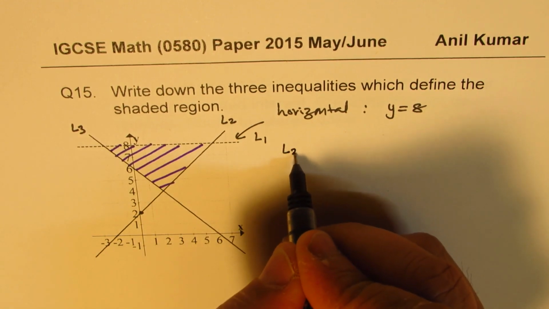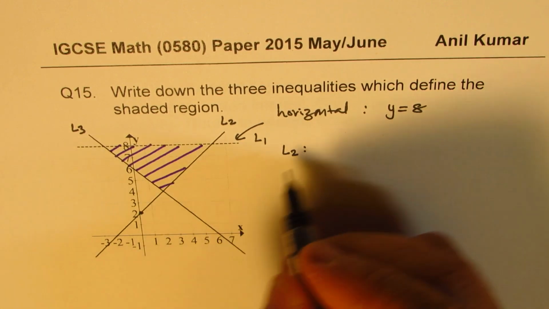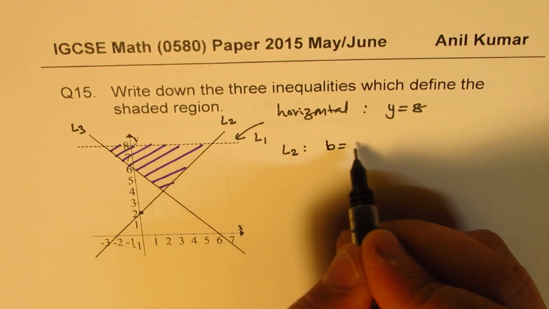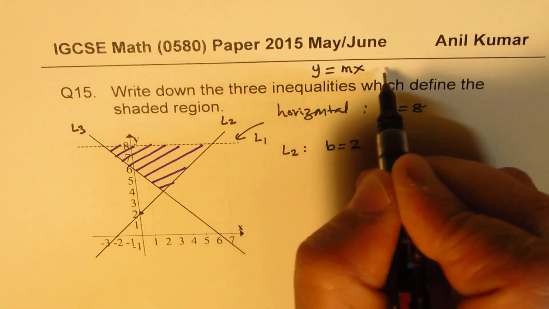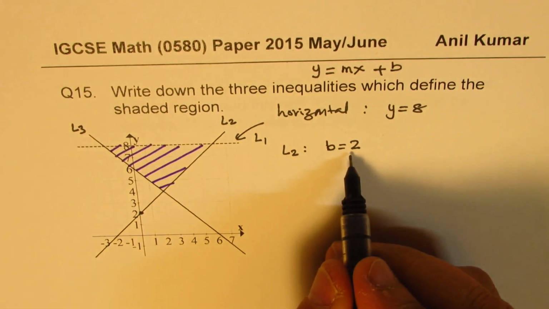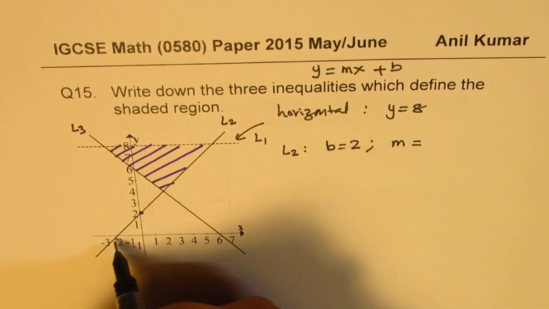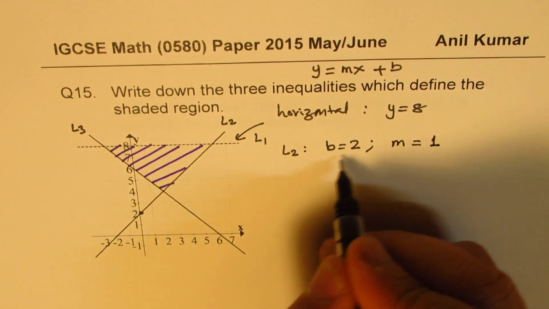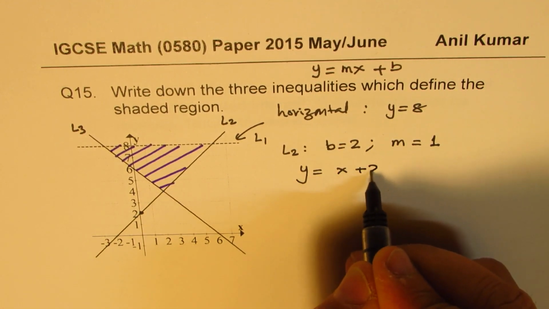So b equals 2. We'll write the equation as y equals mx plus b. The y-intercept is 2 and slope m is equal to 2 over 2, which is 1. And therefore, the equation is y equals x plus 2.